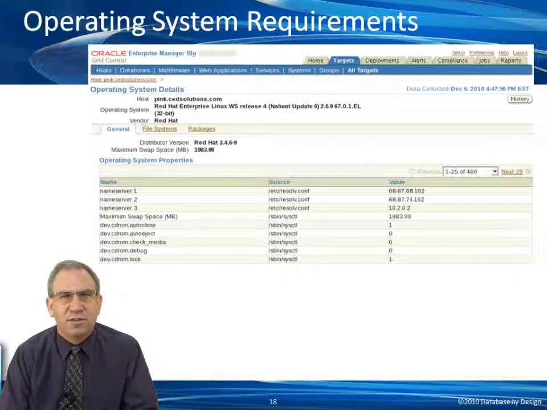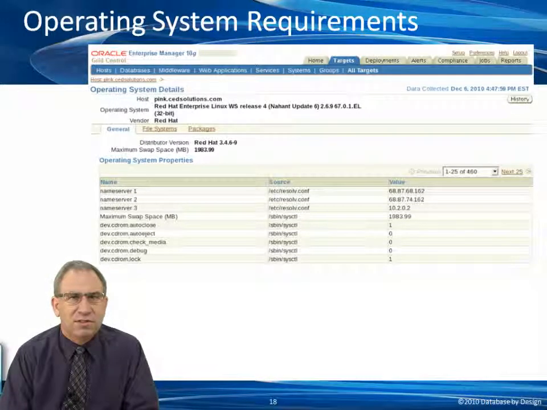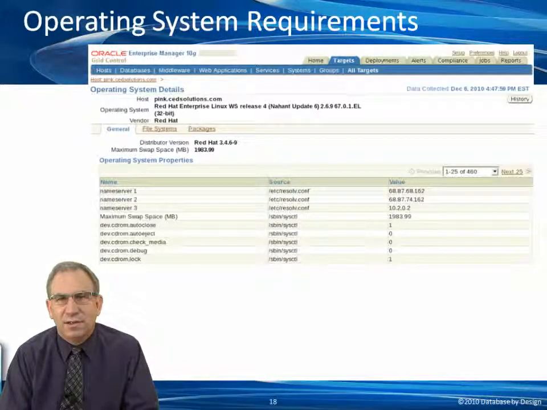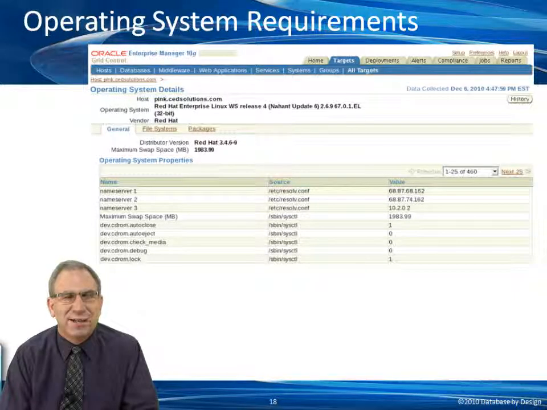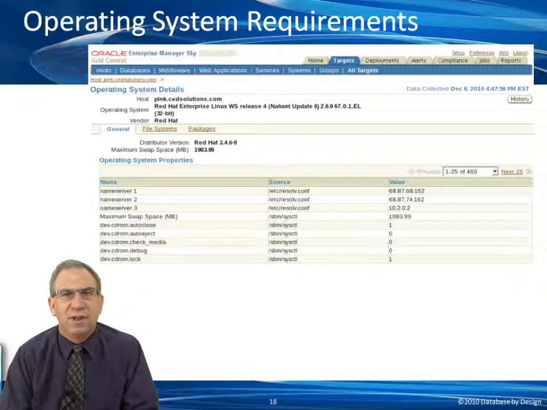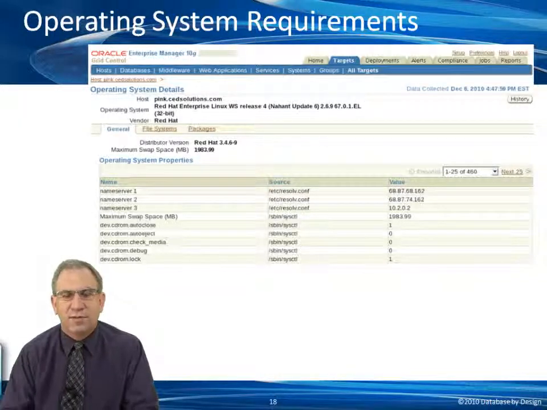What I've done here is I've gone into the grid control and looked at the specific operating system details for my particular host that's going to handle my Data Guard configuration. I can see that this is a Red Hat Linux environment. It's a 32-bit system. I believe it has about 1.2 gig, and we have a certain amount of swap space available.